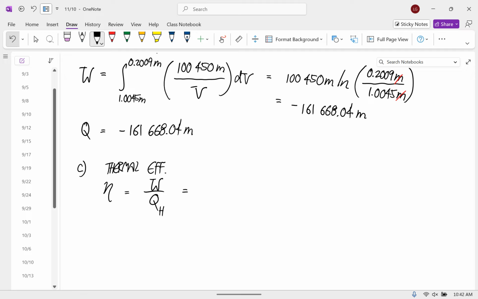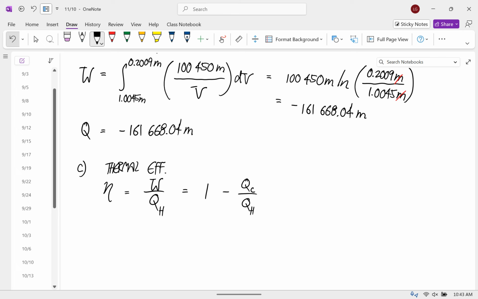So this is 1 minus QC over QH. And that's the way to do it, I think.